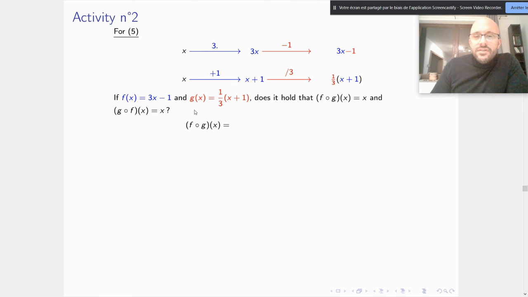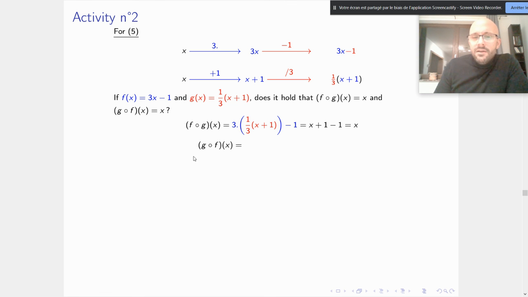So f after g, we take the function f, this one, and replace x by 1/3 of x plus 1. So it gives us what we have here on the screen. Here we see that the 3 and the 3 cancel each other. So we have x plus 1 minus 1, it gives us x. That's okay. It works.